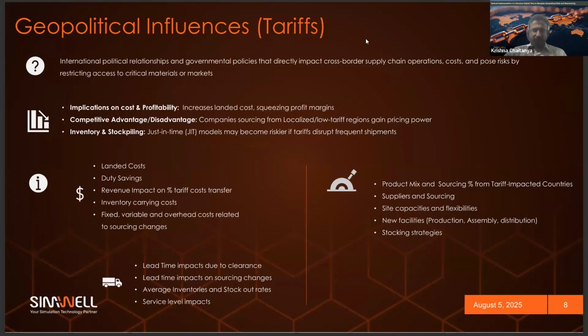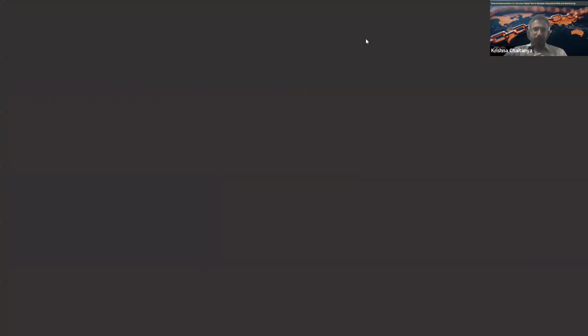Some of the service level KPIs would be how much lead time impact we reduced in a new scenario, because tariffs might even end up causing lead time impacts as clearances might take more time than earlier, and what the average inventories and service level impacts are. So these are some KPIs that we can evaluate across scenarios to understand which configuration of the supply chain gives us the best result. Going to the next slide.